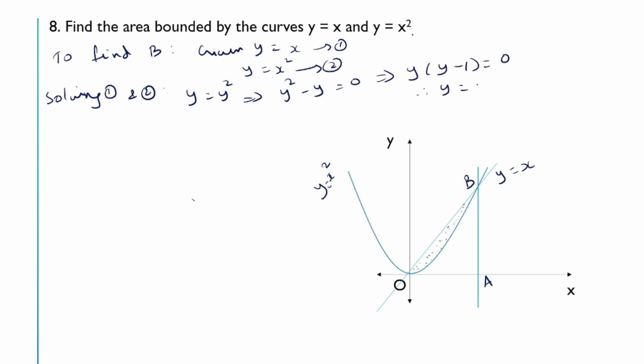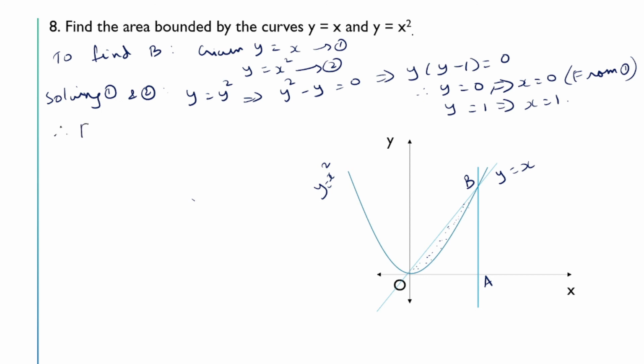Therefore, y equal to 0 and y equal to 1 are the two values for y which we can get. Now, when y equal to 0, we can see that x equal to 0. Y equal to 0 implies x equal to 0 and y equal to 1 implies x equal to 1.